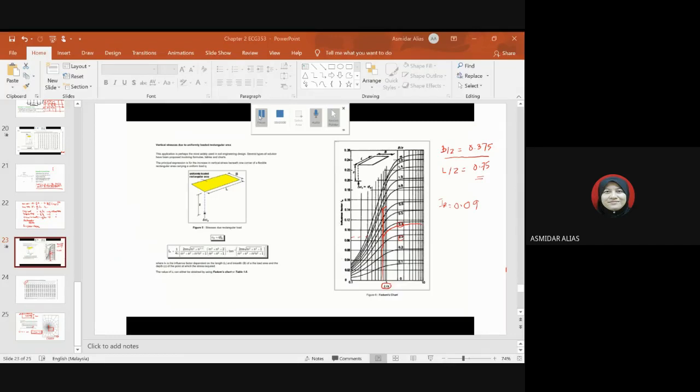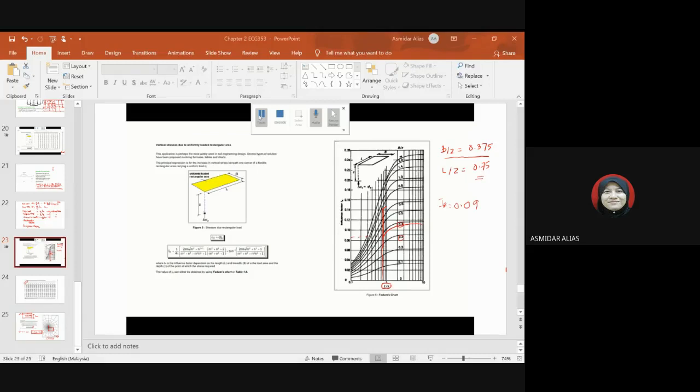Kita cover circular load and then kita cover rectangular section. And if you are referring to my notes, dah ada banyak soalan kat situ. You boleh go through example. Example 1 kita dah buat sama-sama tadi under rectangular section. Example 2 pun you dah boleh mula buat sekarang sebab dia adalah strip load dan juga triangular strip load.